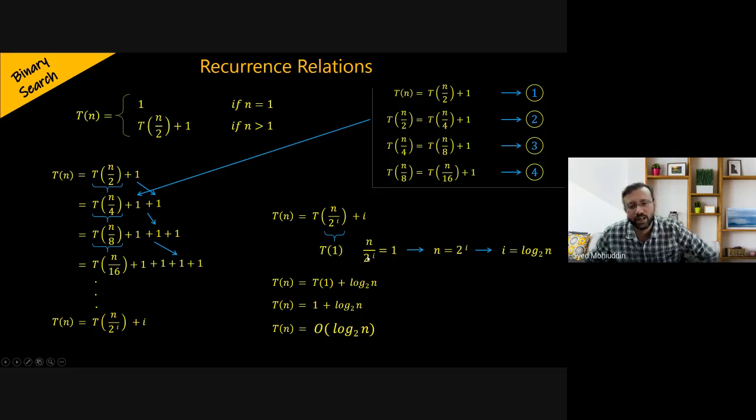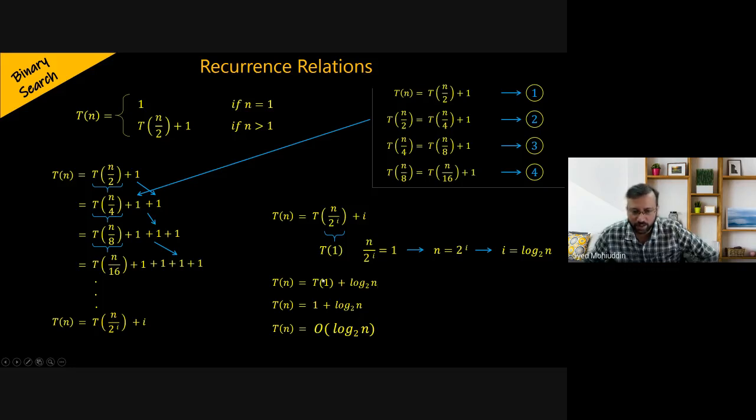So n by 2 power i equal to 1 means n equal to 2 power i, and that is nothing but i equal to log of n base 2. So in this equation, T of n equal to T of 1 plus i. Wherever we have i, we will substitute by log n.